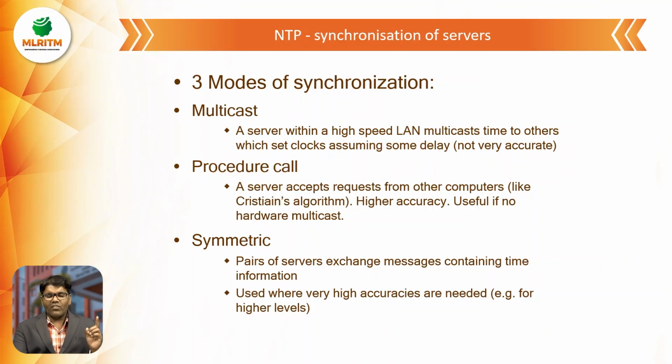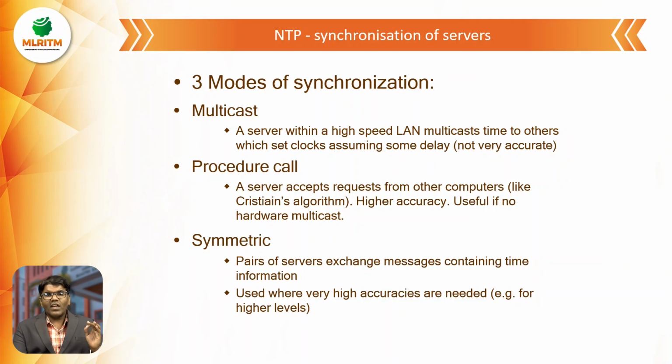Multicast means a server in a high speed LAN multicasts time to others, which set their clocks assuming some delay, but not accurately. The second one is procedure call. The server accepts requests from other computers like the Cristian algorithm. Here high accuracy is used if there is no hardware multicast.